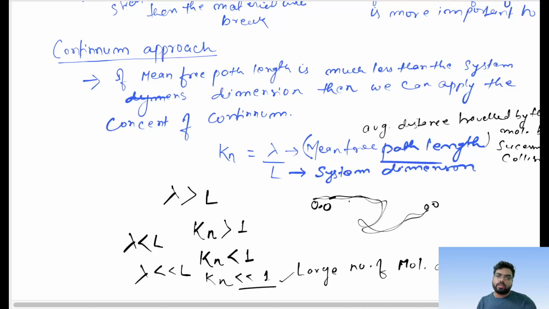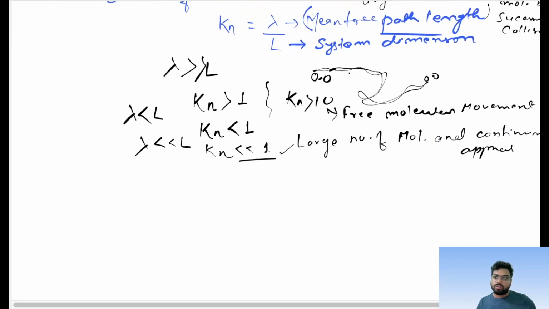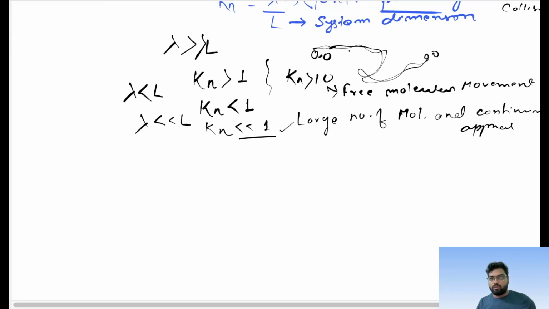And if lambda is much larger than L, there is a thumb rule that if Knudsen number is greater than 10, then it will have free molecular movement, which means that there is a very small number of molecules in the volume. Hence, this is the continuum approach. Now, after that, we are going to study some fluid properties.